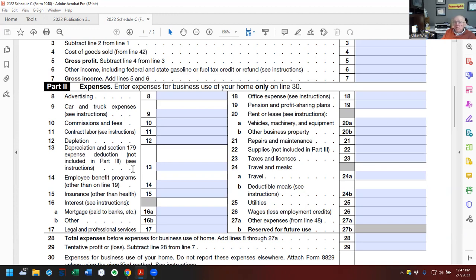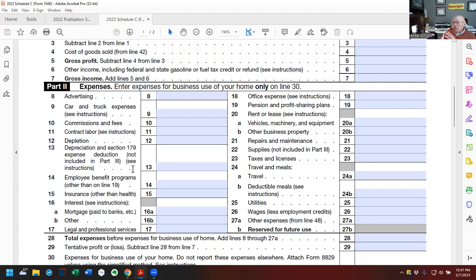Some people use this category to pay for specific office-related utilities, such as fax machines and things like that. Not the machine, but the fax line, different things of that sort. It's just everything that relates to the operation of the office that you operate out of. Then we have rent or lease.